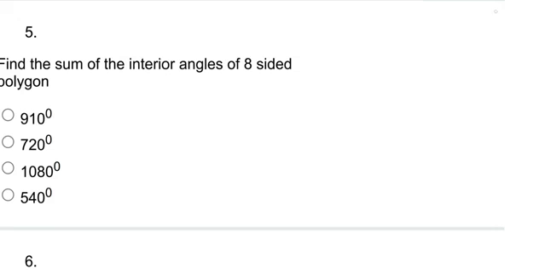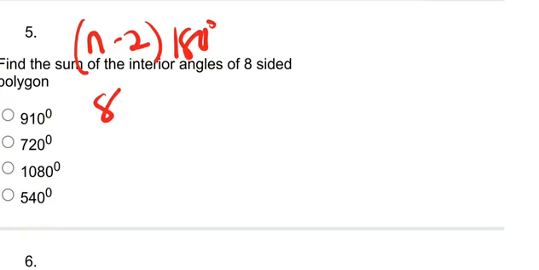All right, next question. Now, this question number 5 asks us to find the sum of the interior angles of an 8-sided polygon. So an 8-sided polygon is an octagon. So sum of interior angles of any polygon is (n minus 2) times 180 degrees. So n here is the number of sides, and the number of sides in this one is 8.